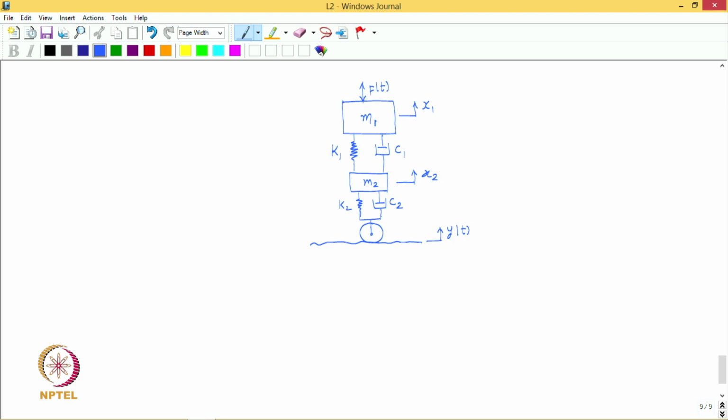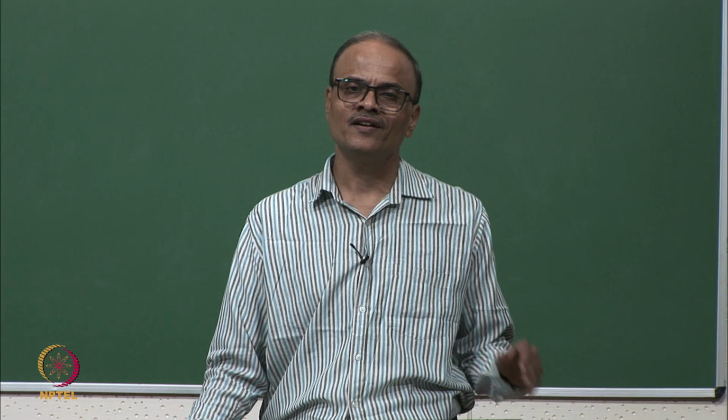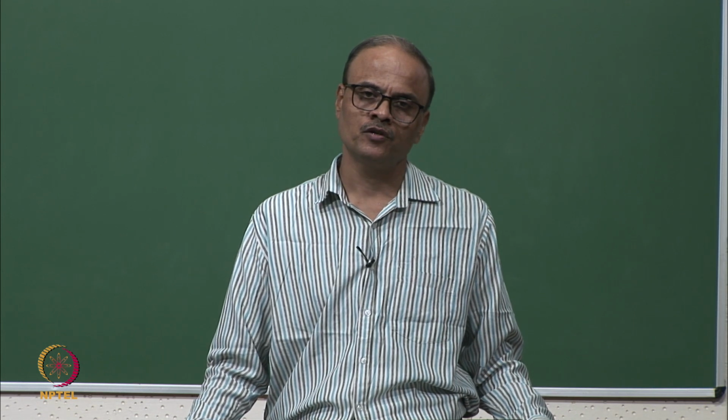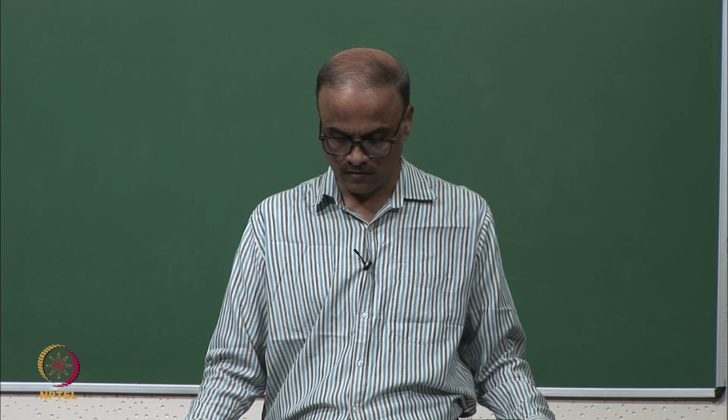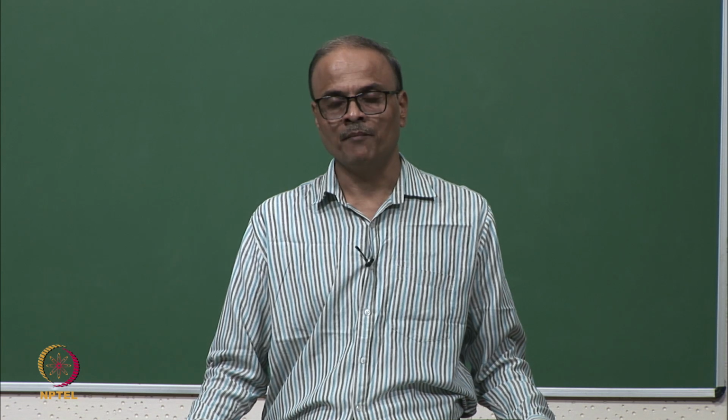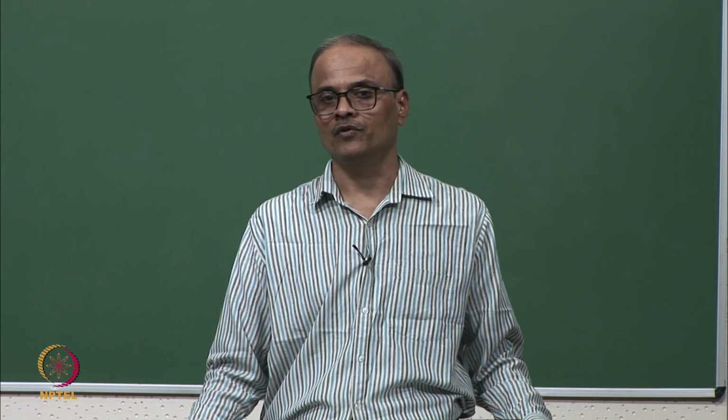So, here m2 contains the masses of all the 4 wheels, right. Similarly, K2 and C2 represent the equivalent stiffness and damping at all the 4 wheels, right.